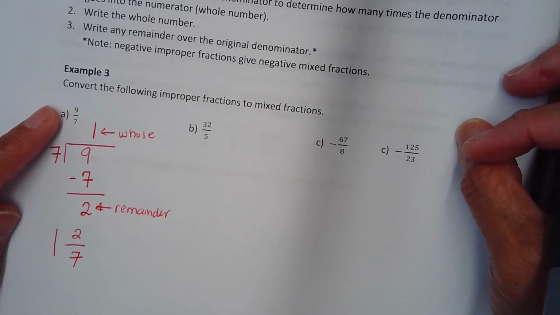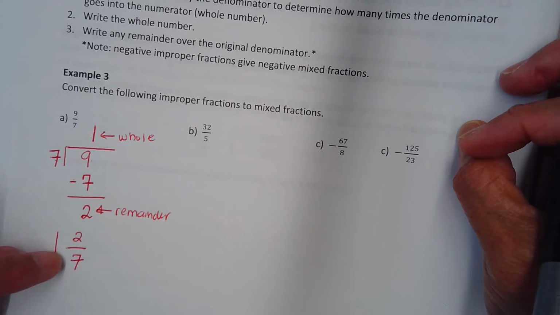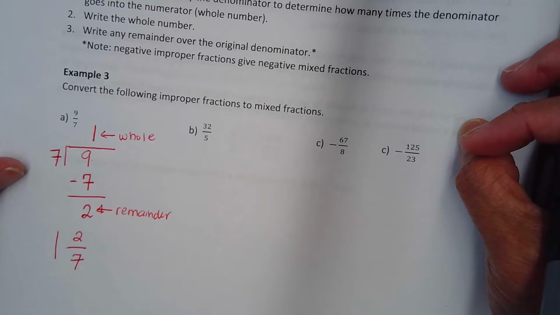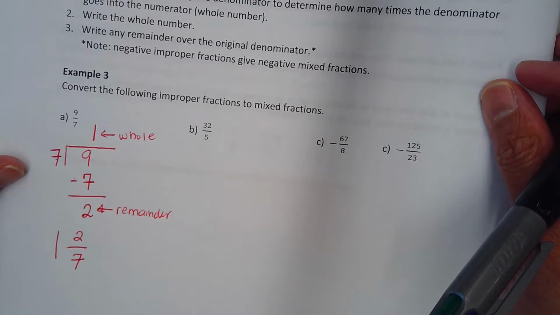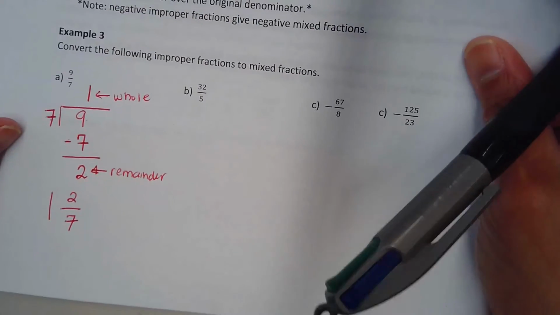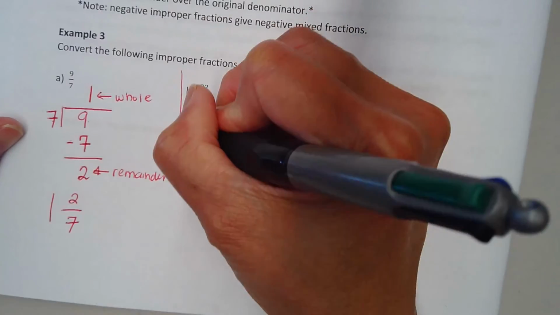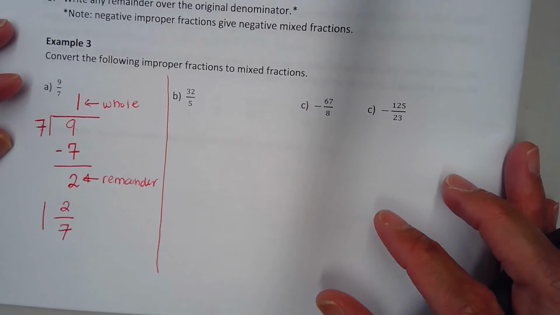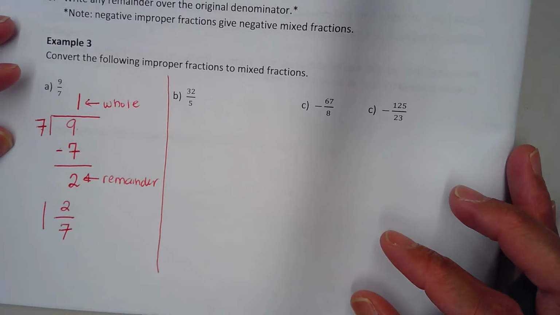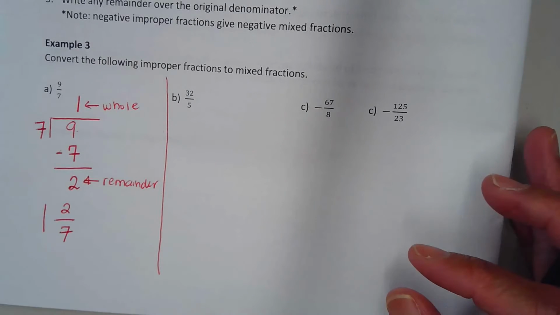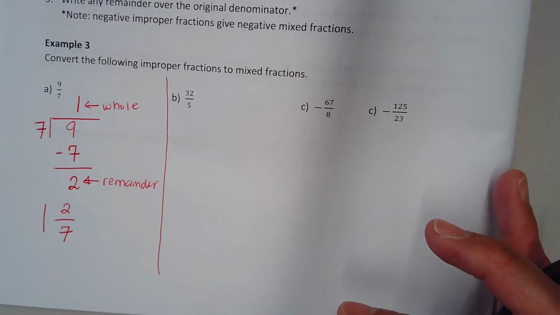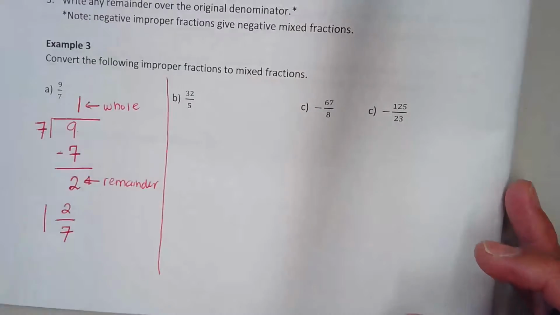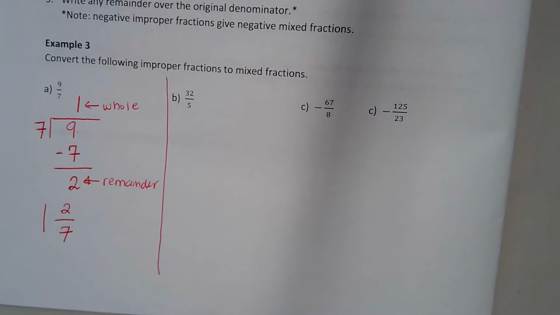When you type this piece, 1 and 2 over 7, onto your calculator, it goes straight to that. That's a nice calculator. I don't think my calculator does that. Oh, that's the one that I lent you. I meant the one that I normally use.